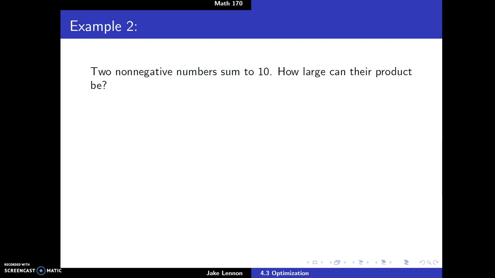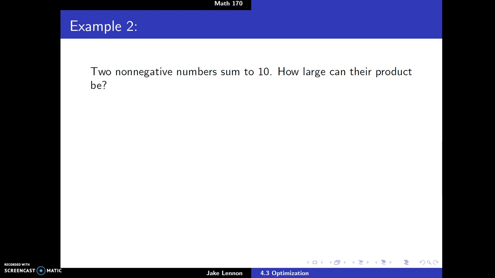And in this case, we're using two letters to start out: x plus y equals 10. And then we are going to have to substitute, so we get down to a single variable, and then we can take the derivative of that objective function once we've replaced using the constraint to narrow it to a single variable.